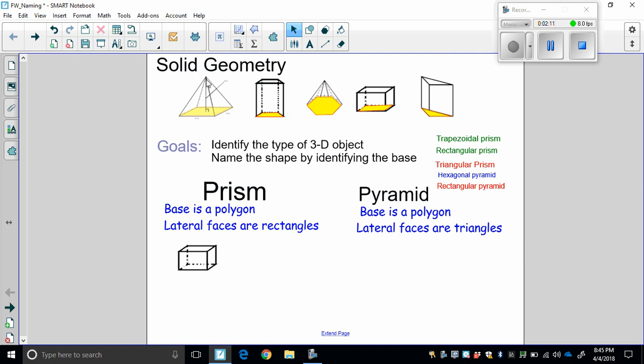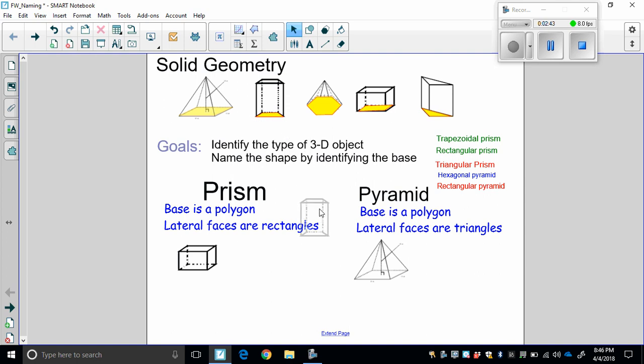So this is a pyramid, and we recognize pyramids from our world history, but also we think of pyramids in elementary school too. So the difference is you still have a polygon base, but your lateral faces or your sides now are formed out of triangles.